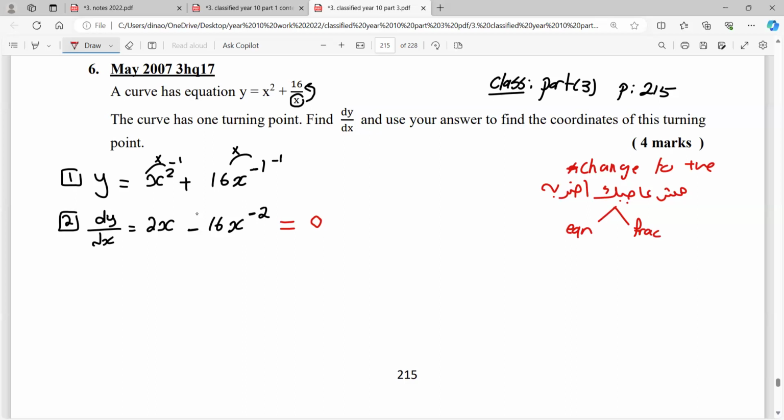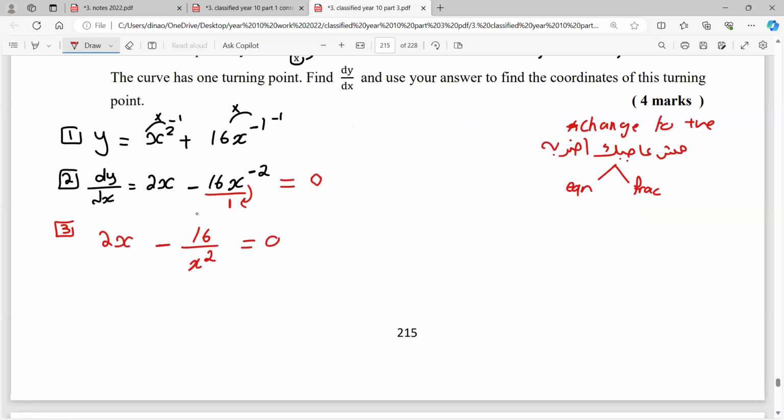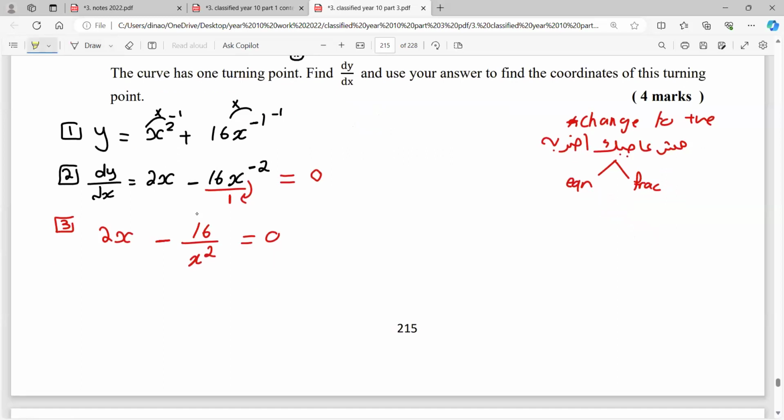Okay? So in step number 3 I will change this into a positive power again. So 2x remains as it is, the minus stays as it is, 16 stays as it is, over, I will bring this down, so it becomes x squared equals 0. Then what I don't like is this x squared, so I multiply the whole thing by x to the power 2.